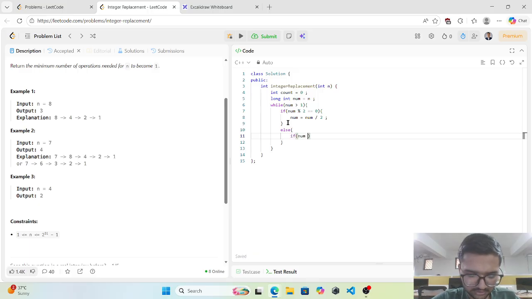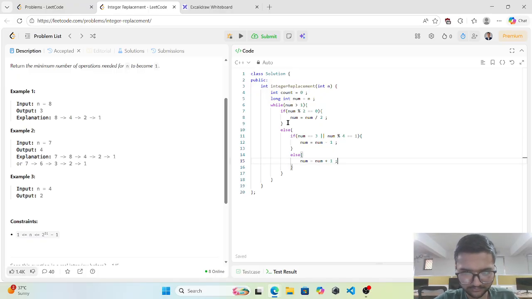If num equals to 3 or num modulus 4 equals to 1, then num equals to num minus 1. Otherwise, num equals to num plus 1.